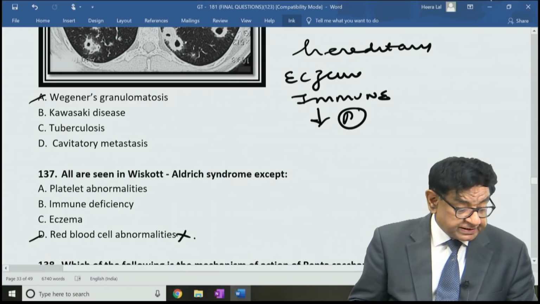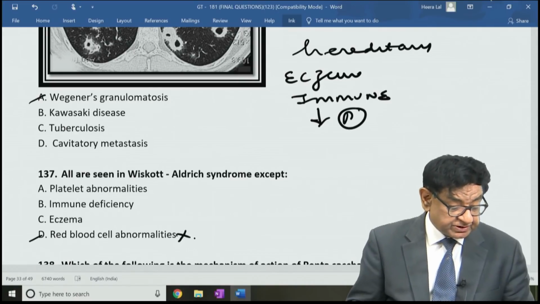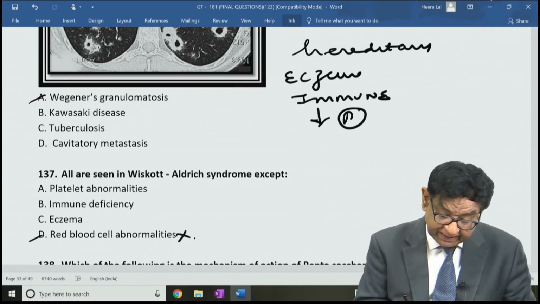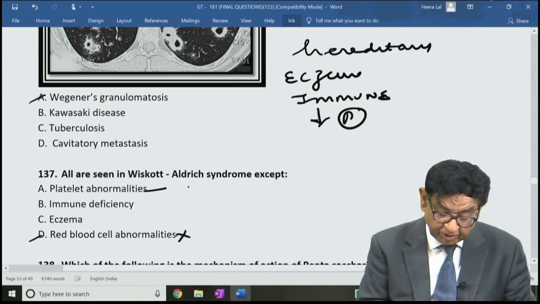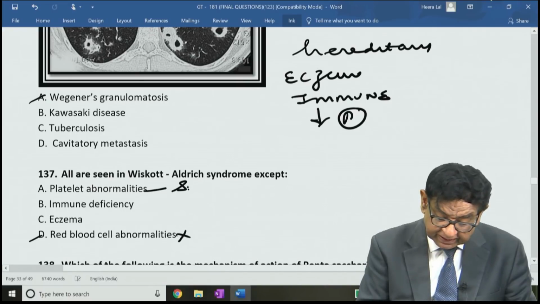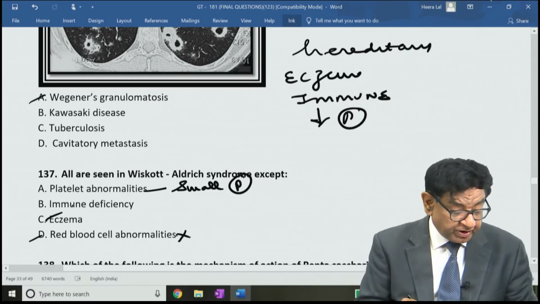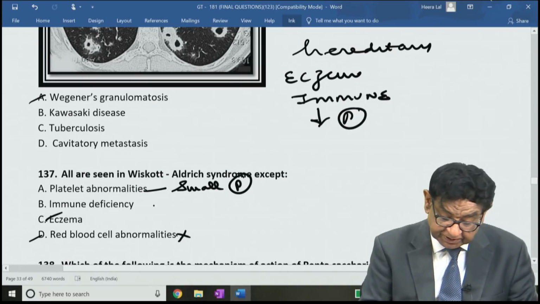Now I told you that in this case there is immunodeficiency. So what is the problem that we have? First of all, the platelets, what platelet abnormality? They have small platelets. P for platelet. Eczema is a feature. What immune deficiency occurs in these patients?